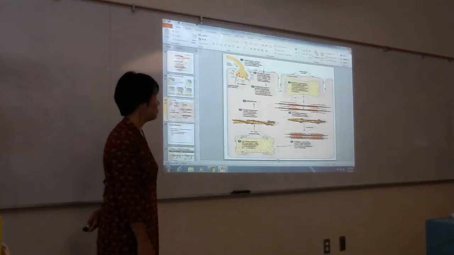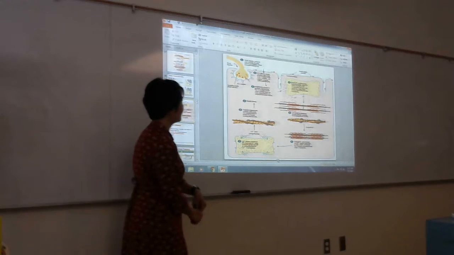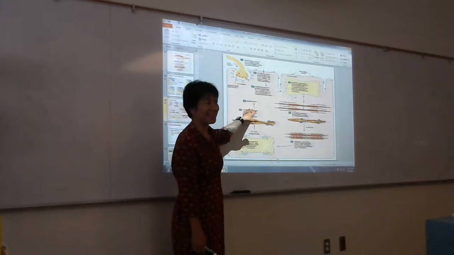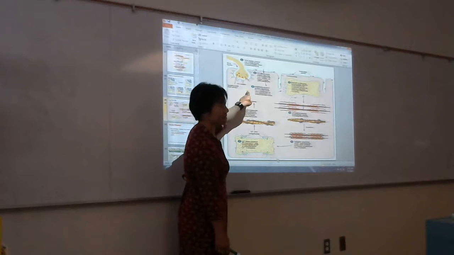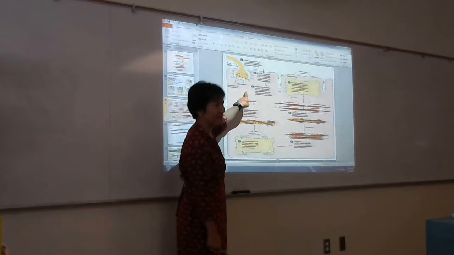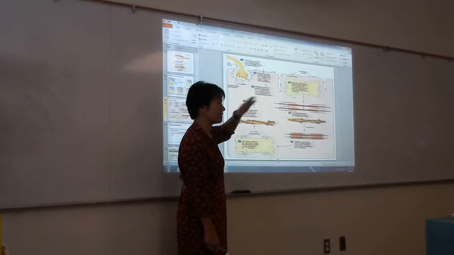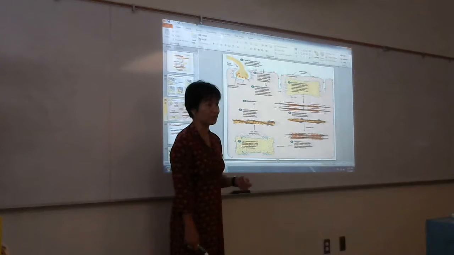Let's review. Look at the first thing that happens, the excitation contraction coupling, right? So the nerve will stimulate the muscle, right? By the way, our next chapter, or the next body system we're going to study is the nervous system.